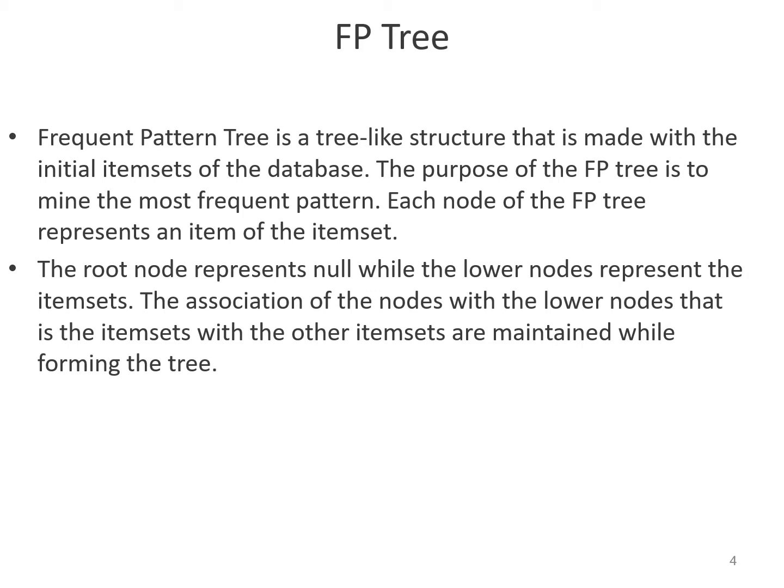Each node of the FP tree represents an item of the data set. The root node represents null, while the lower nodes represent the item sets. The association of the item sets with the other item sets is maintained while forming the tree.